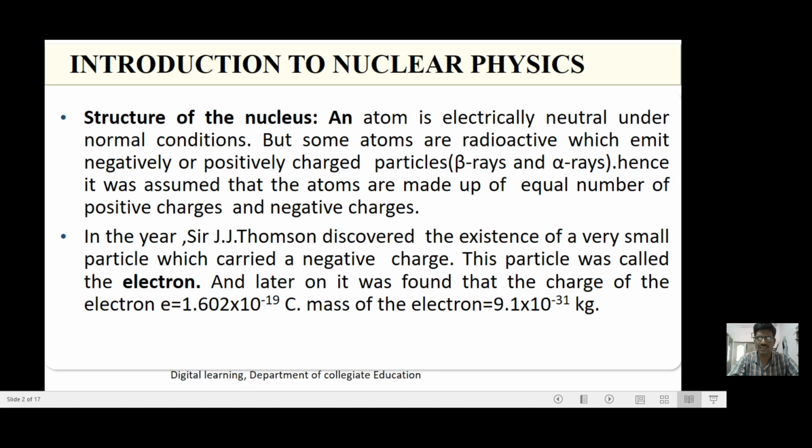Sir J.J. Thomson discovered the existence of a very small particle which carried a negative charge. This particle was called the electron, and later it was found that the charge of the electron e is equal to 1.602 × 10^-19 coulomb and the mass of the electron equals 9.1 × 10^-31 kg.